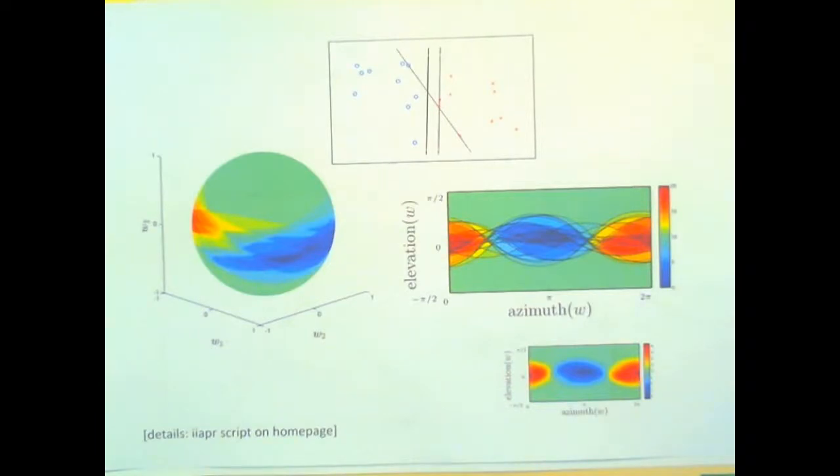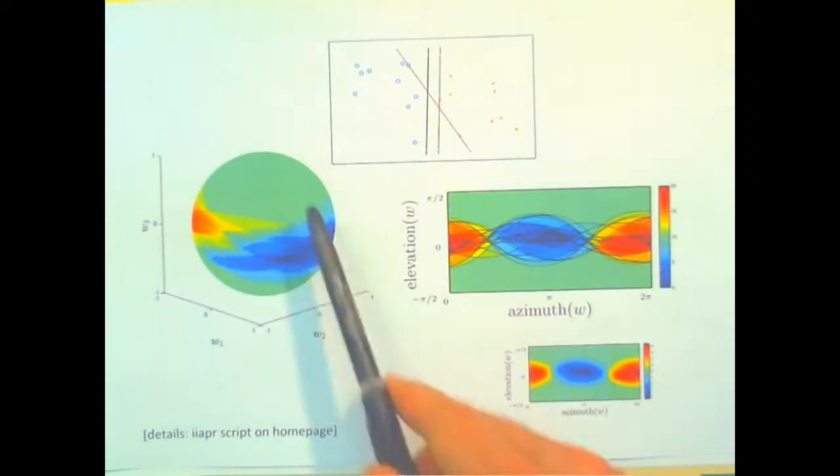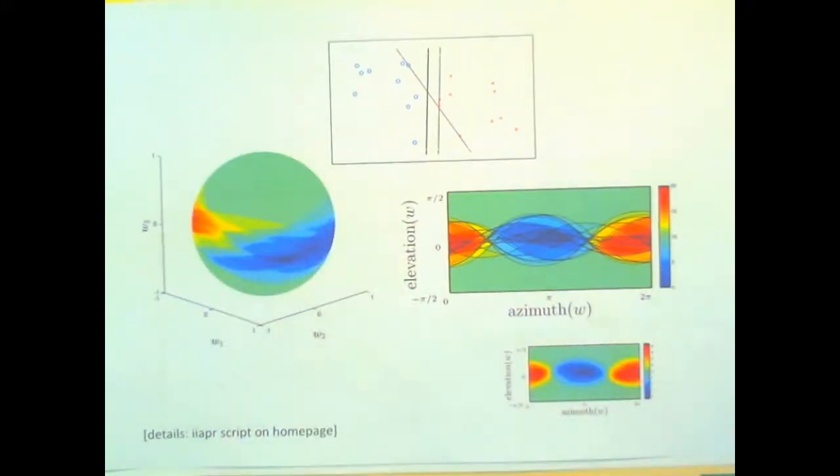So I could have chosen different ways of normalizing this, but here I decided to enforce a norm of 1 for the entire parameter set, and thus represent on a sphere my energy function. And this is now the sphere unrolled. You see this is the azimuth and the elevation of my parameter vector W.